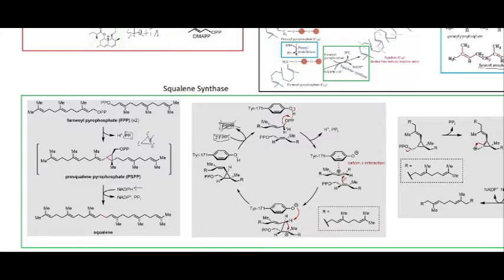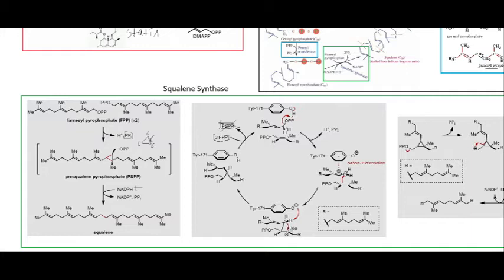The double bond on this farnesyl pyrophosphate here, the electrons for it will then attack this carbon here, and that's how we form this covalent bond. Because the positive charge is now sort of transferred over, even though it's kind of hard to transfer a lack of something, you can think about it that way.